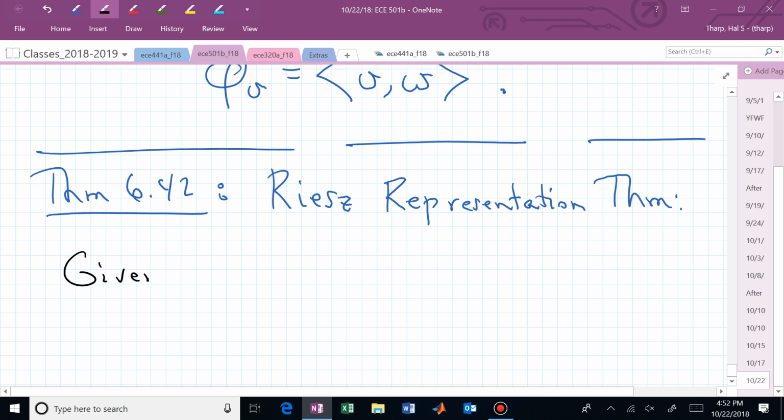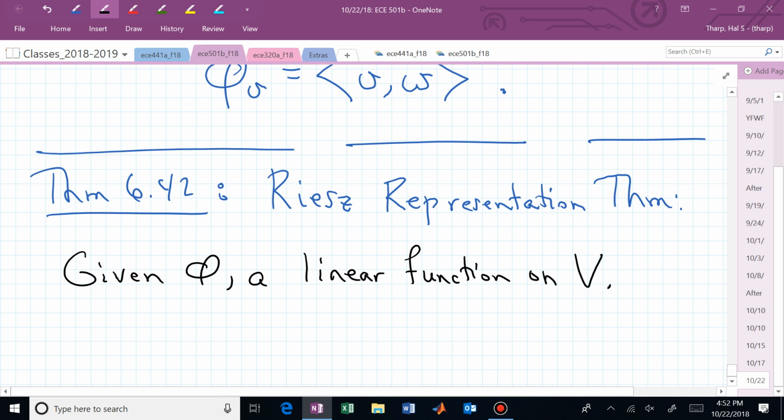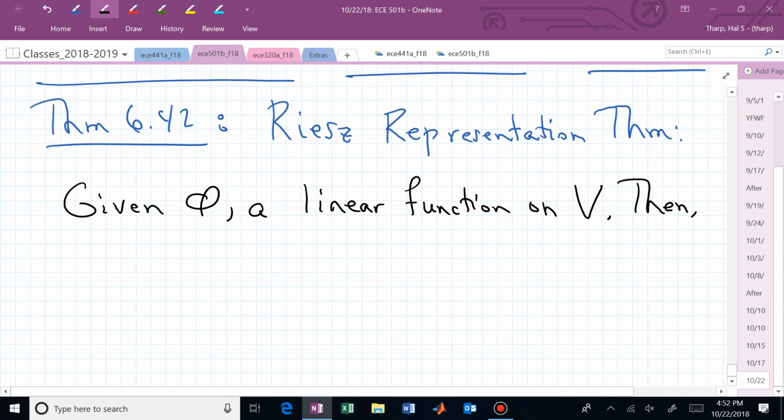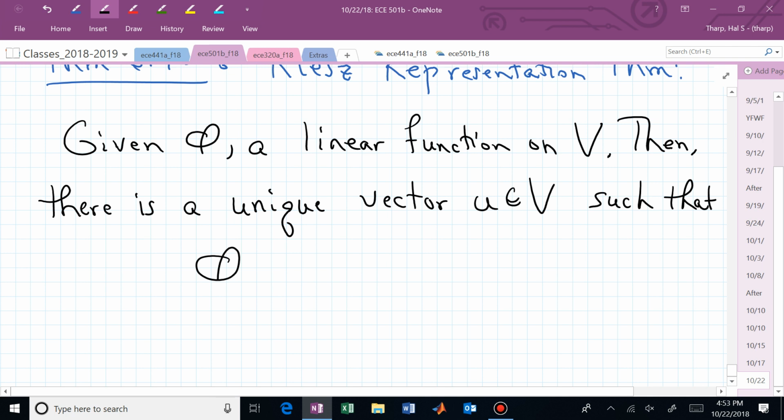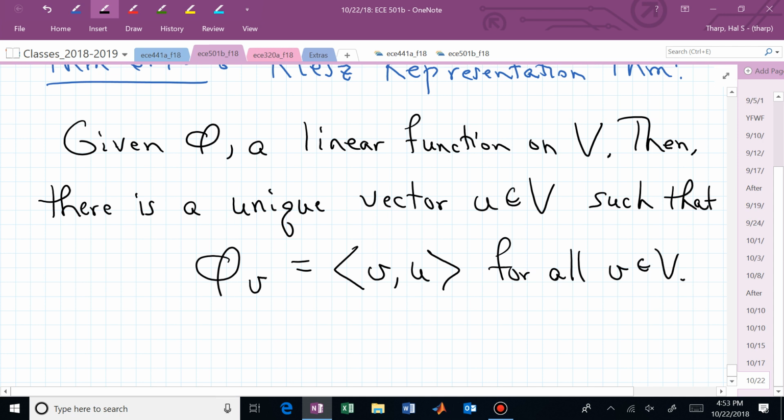Given a linear functional phi on our vector space V, then there is a unique vector, let's say u, in our vector space V such that the linear functional phi applied to v is equal to the inner product of that same v with u. And that's true for all vectors v in our vector space capital V.